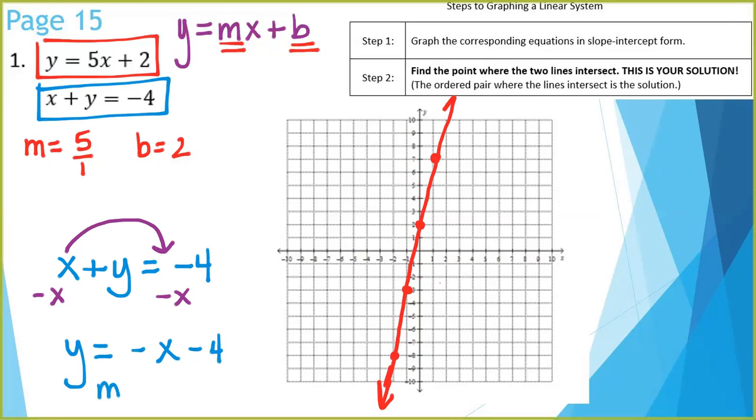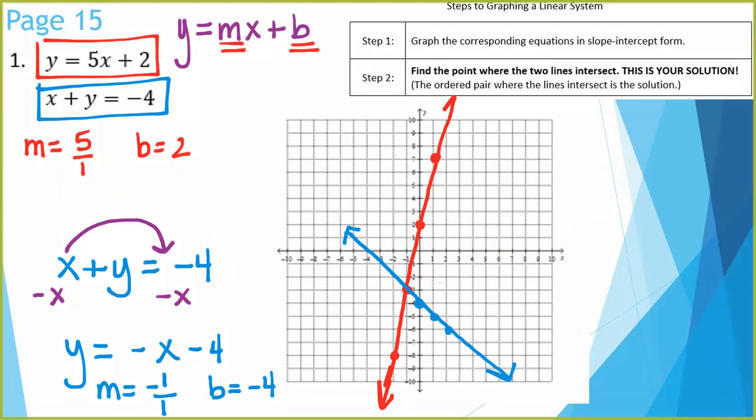So my slope is -1, and my y-intercept is -4. So I'm going to put my point at -4, and I go down 1 to the right 1, down 1 to the right 1. And when I draw my line, it looks like this. This is what we have.